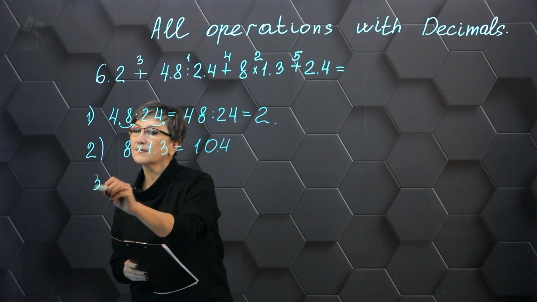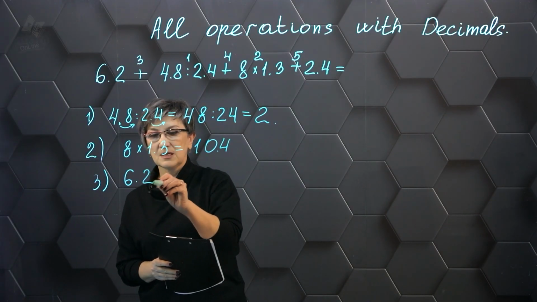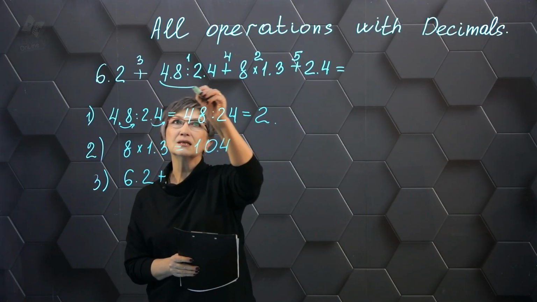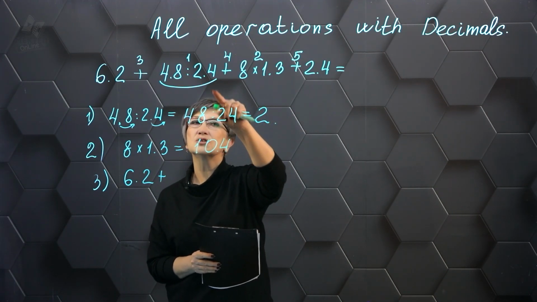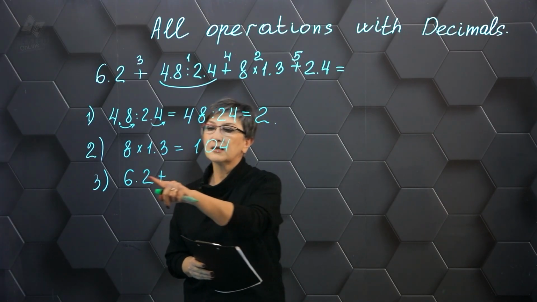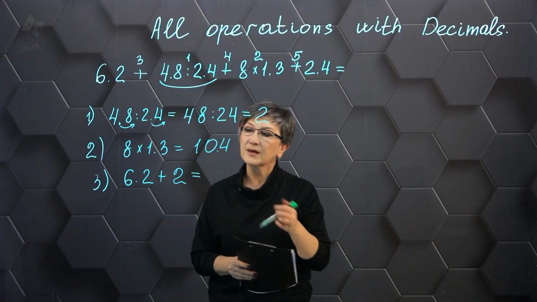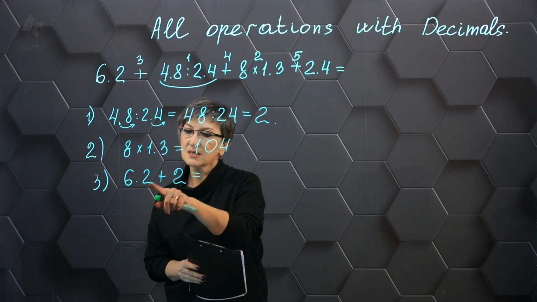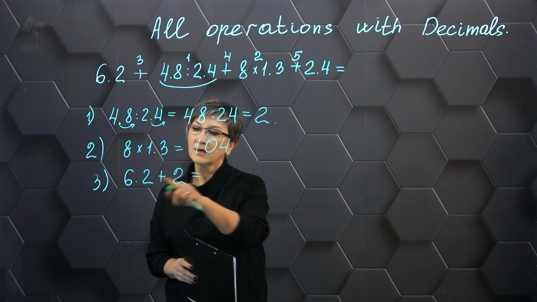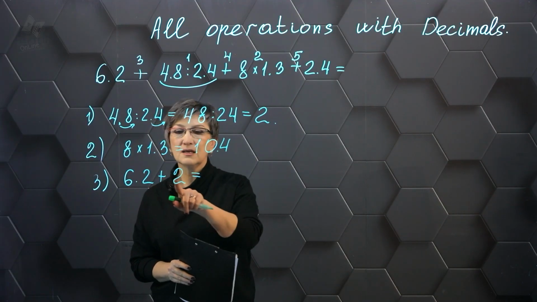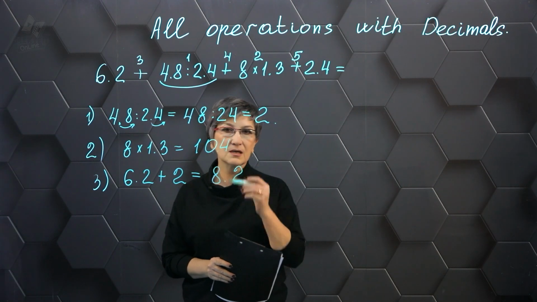Next action, the third. Be very careful. We need to add the result to 6.2. When we divided 4.8 by 2.4, we got 2. So to 6.2, I'm going to add 2. Of course, you could do it in a column, but 6 ones and 2 ones would be 8 ones, and that leaves me with 2 tenths.